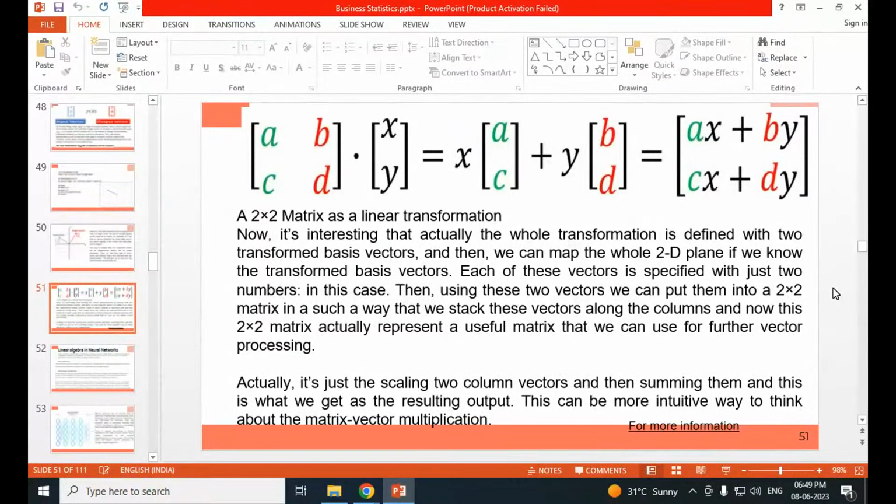This is my 1, this is my 2, this is my 3. This is my x-axis, and this is my y-axis. So this is my matrix, where I am actually trying to put this.